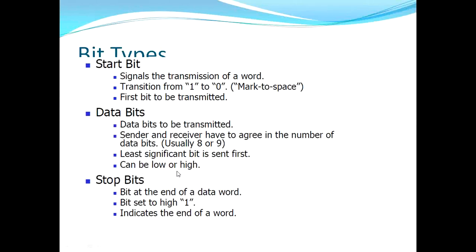The level can be low or high, so by making the condition low and high on the bits, ones and zeros are transmitted. When your transmission completes, the indication is given by the stop bit. So we have 3 different types of bits used for serial communication: the start bit to start the transaction, data bits to send the information, and the stop bit to indicate the end of the word.